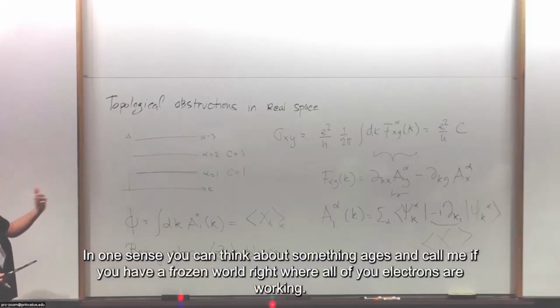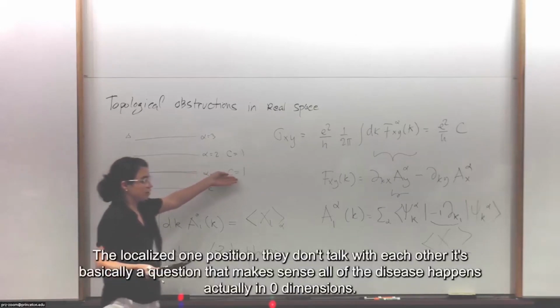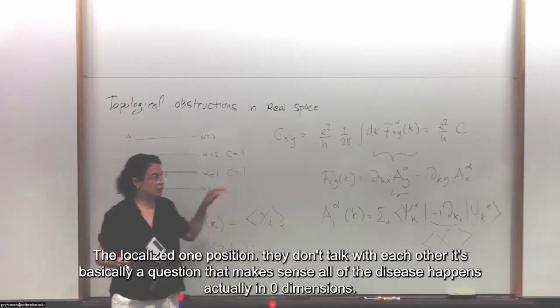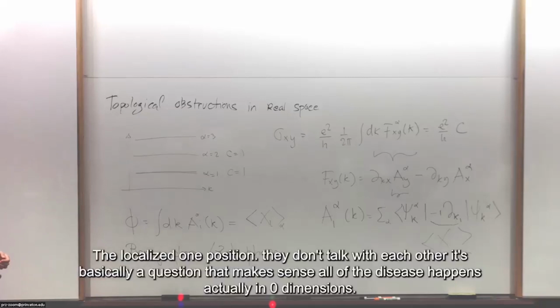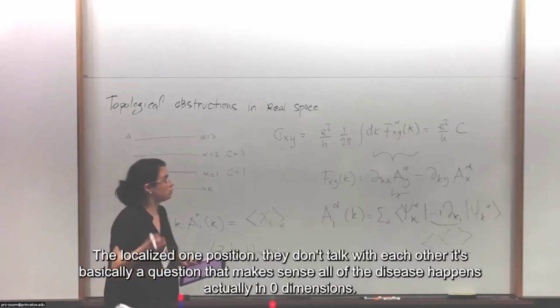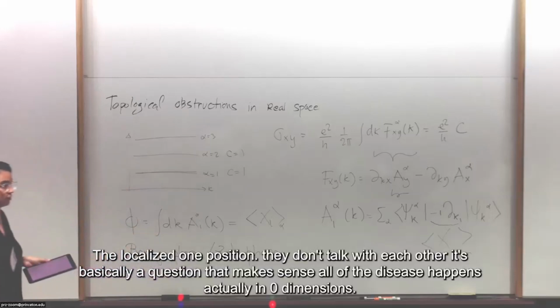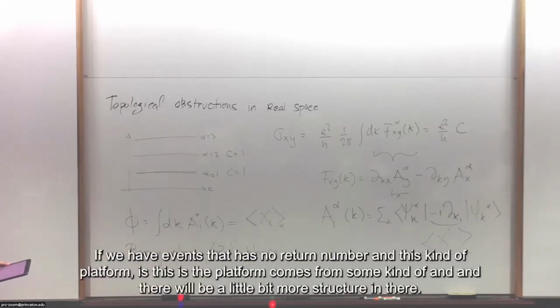If we have a band that has a Chern number, the flatness comes from some kind of quantum interference, and there will be a little bit more structure in there. We're going to listen to a lot of talks during this summer school about these types of bands.